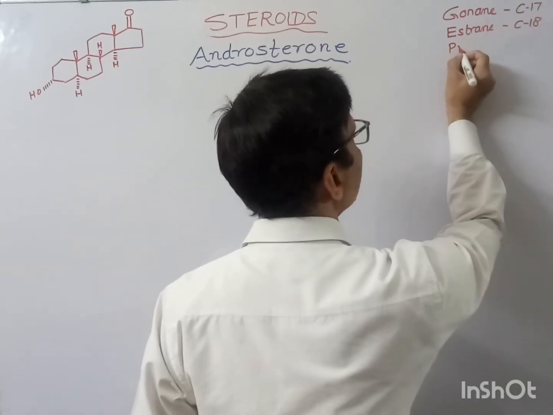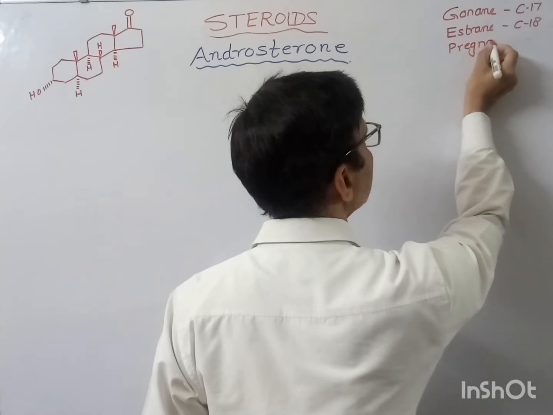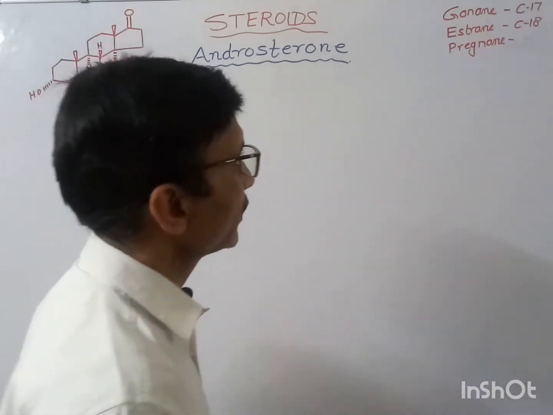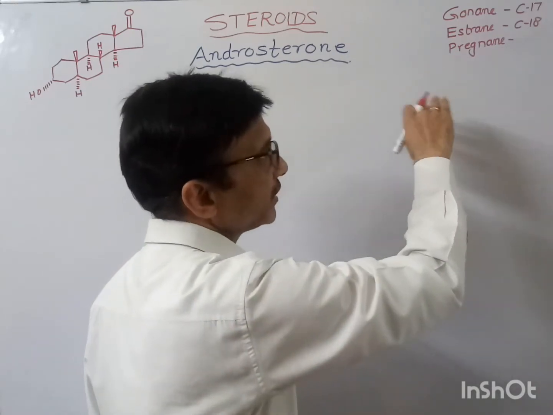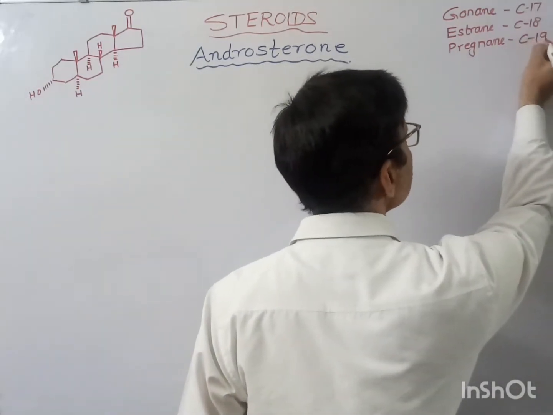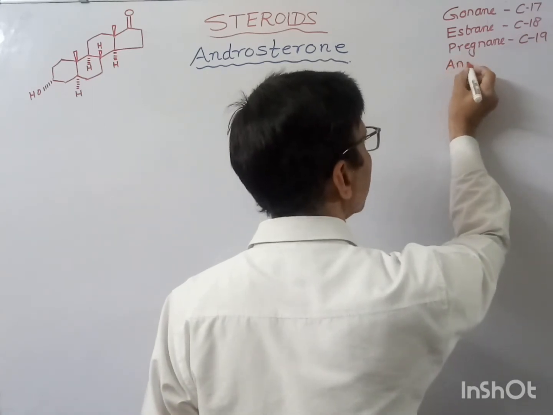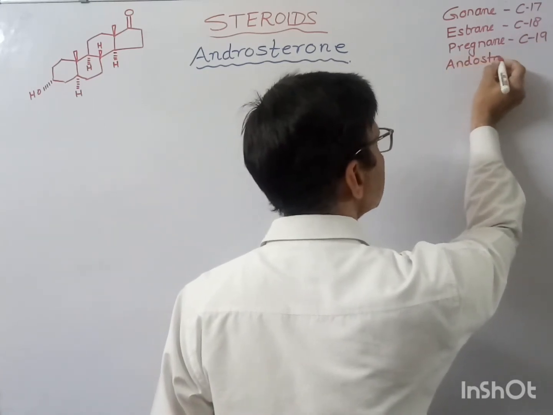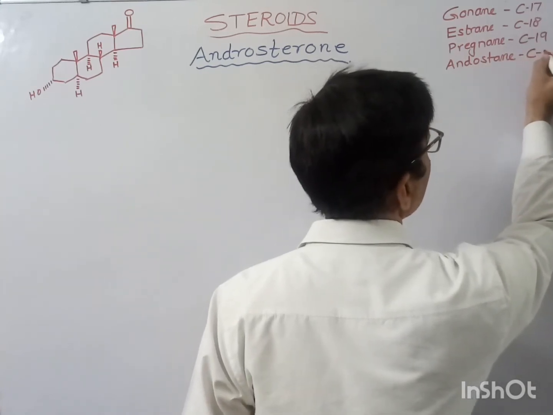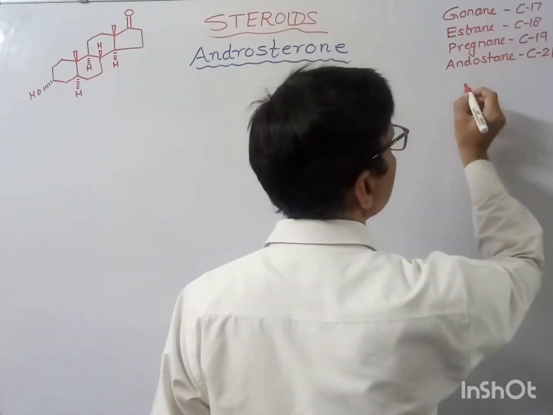Then another basic steroidal ring derivative, this is androstane, it is the C19 nucleus. After that pregnane, this is the C21 nucleus. Sorry.